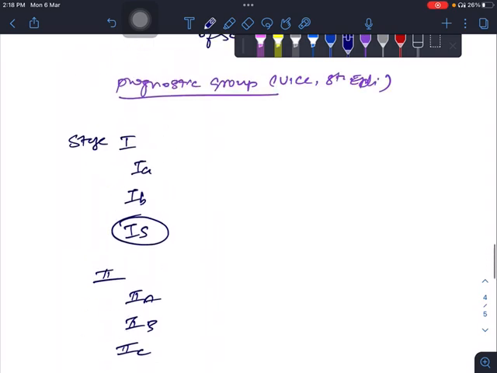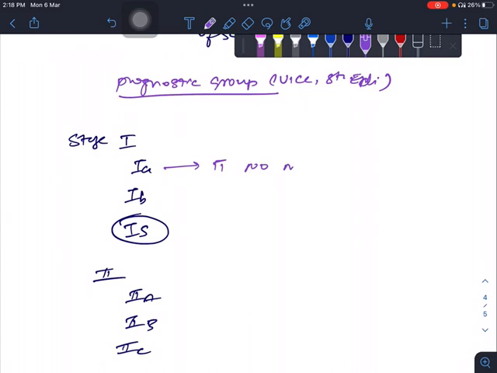Okay. So 1A includes T1, N0, M0, and S0. 1B contains T2 to T4, and other things are the same, 0, 0, 0.